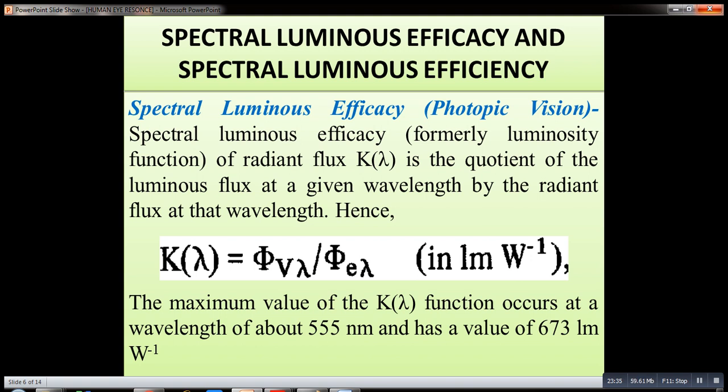This response of the eye is represented by the luminosity function, formerly the name of the luminous efficacy function.